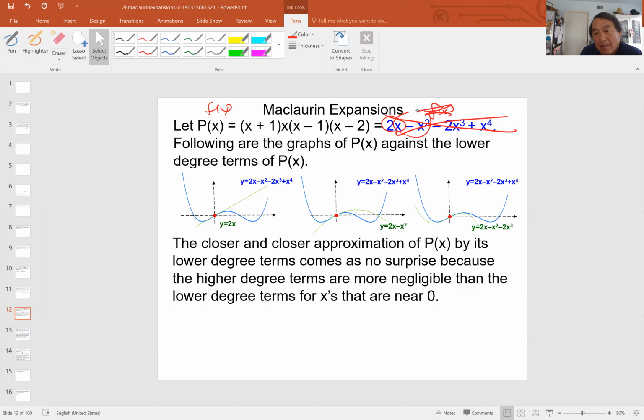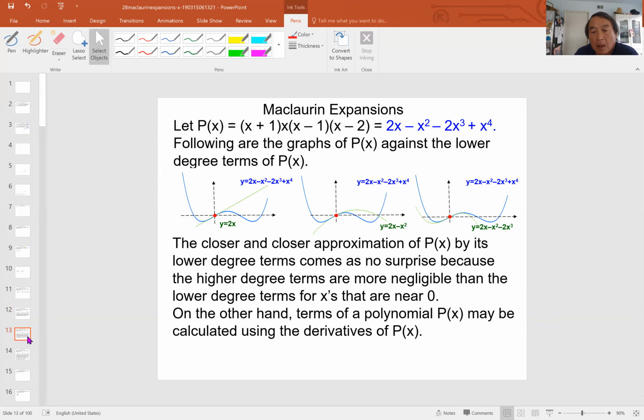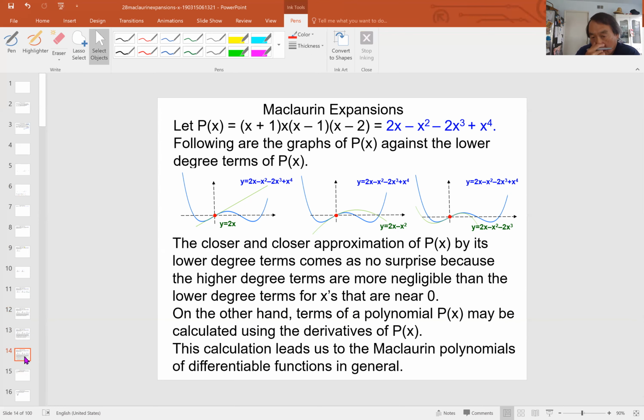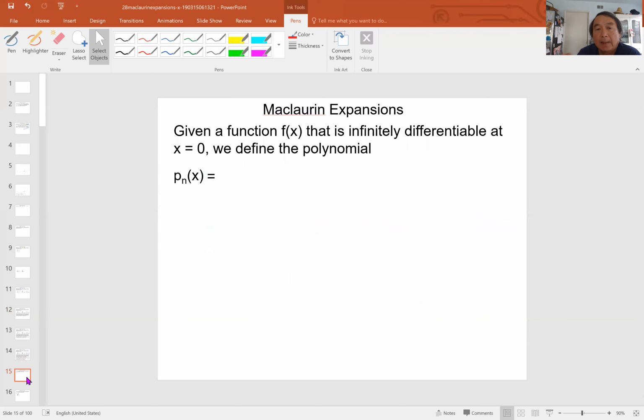By the way, the approximation gets better and better at higher degree because we're doing this around 0, so the higher and higher degree terms become less and less important. The graph approaches the entire polynomial, its shape, better and better. So given a polynomial, here is a method of recovering it.